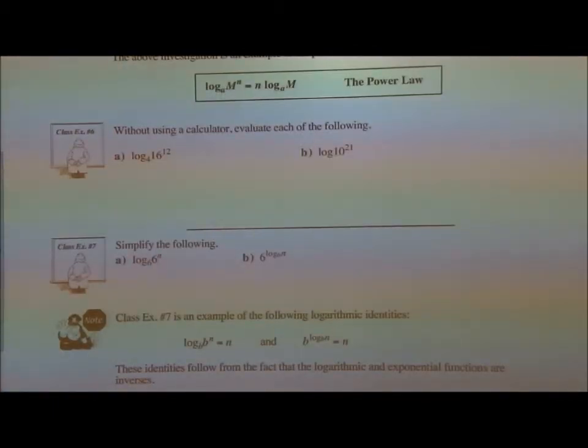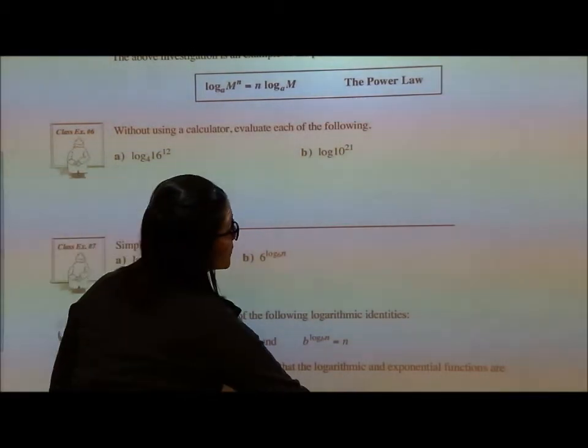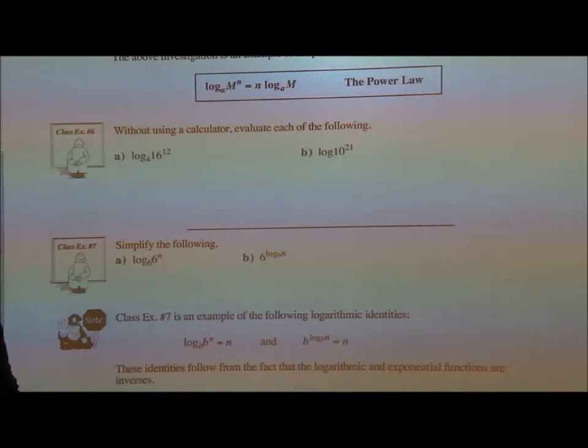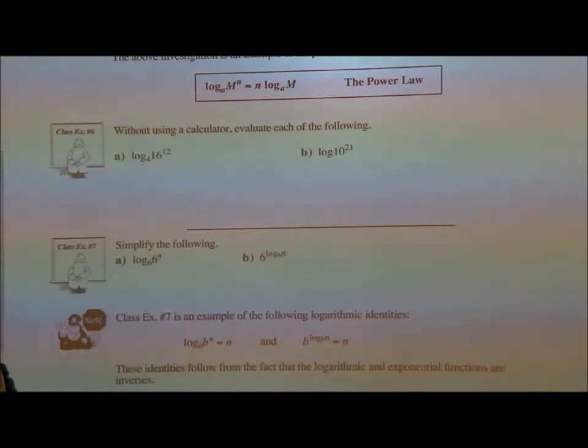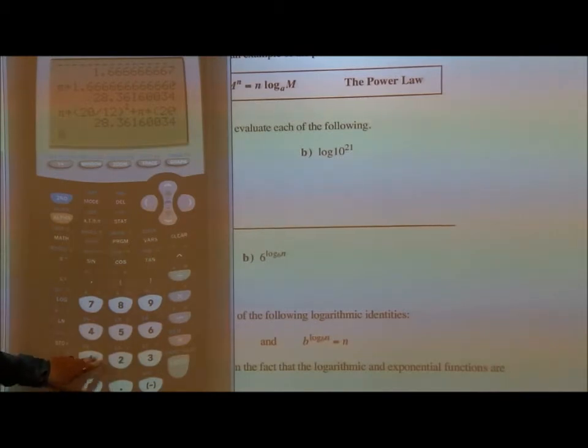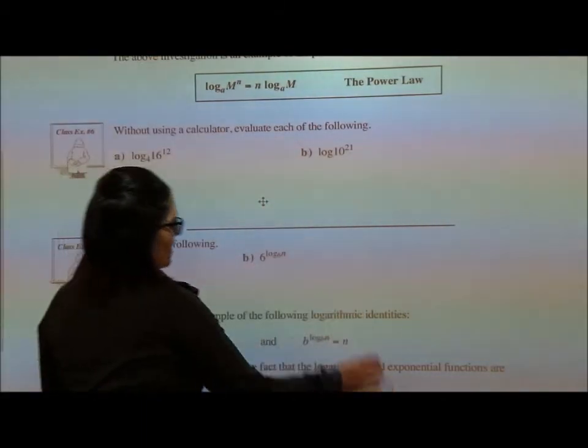It says, without using a calculator, evaluate each of the following. So if I have log base 4 of 16 to the power of 12, and I actually tried to calculate 16 to the power of 12, I get a ridiculously large number. That's why we wouldn't want to do that.